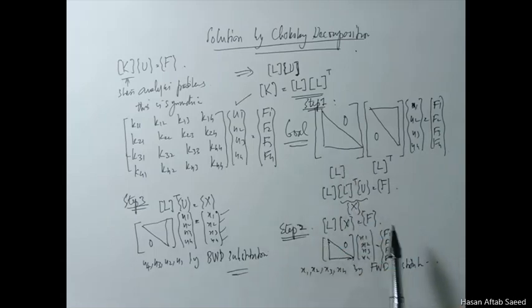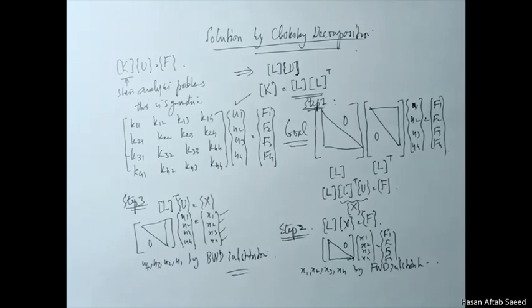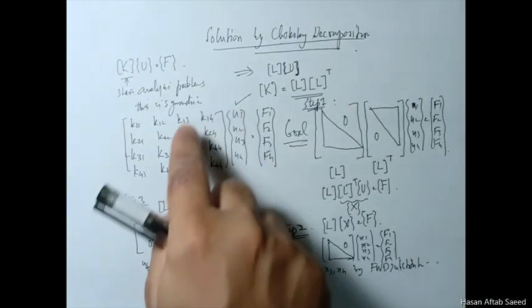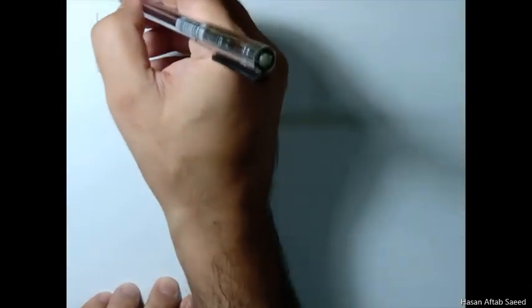The next step is simply calculation of one vector by forward substitution and the next vector by backward substitution, and this last vector, this is what basically is the purpose of the whole exercise. Let's take up a numerical question and give values to these variables and see how we proceed. We are going to take a 4x4 matrix.